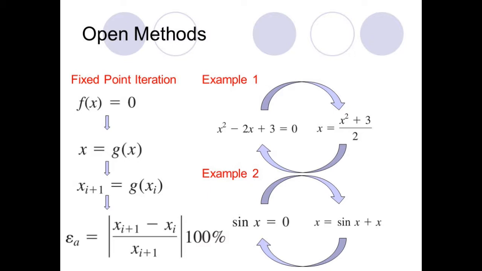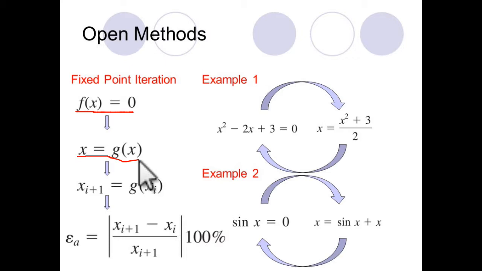Now, the first method within the class of open methods is fixed point iteration. Just assume that we have a function f of x, and we want to find the root of this f of x. What we do is we take out the x from this function f, and we write x is equal to some function g of x.